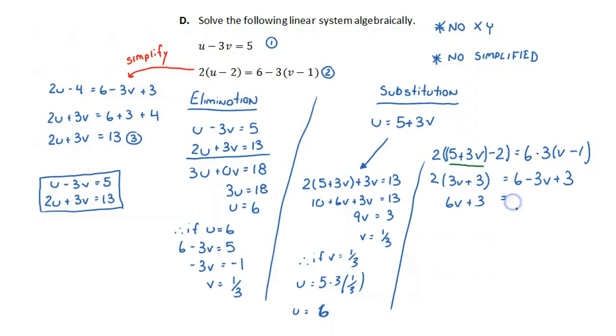Oh, let's actually simplify this. 9 minus 3v, so 9v is equal to 6. So v is equal to 6 over 9. I've made a mistake somewhere, so let's take a look and see where I've made my mistake. Do you see where I made my mistake? Right there. I'm not going to redo this video because it's always good to catch our mistakes.